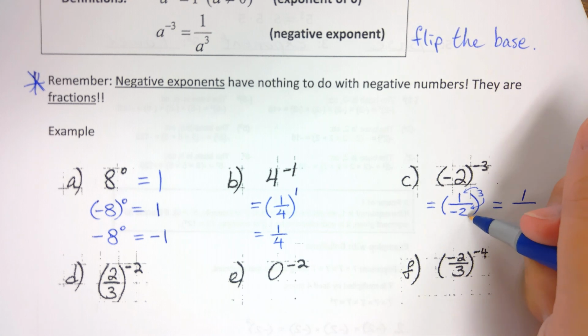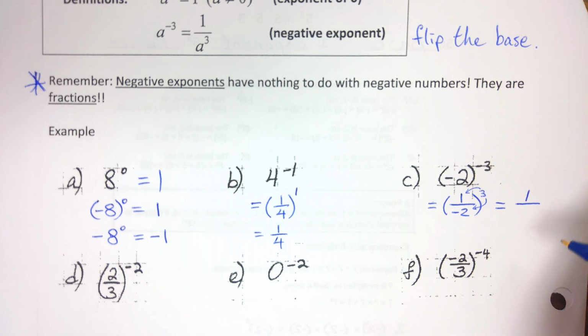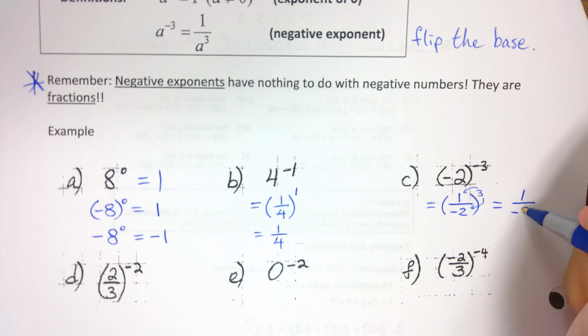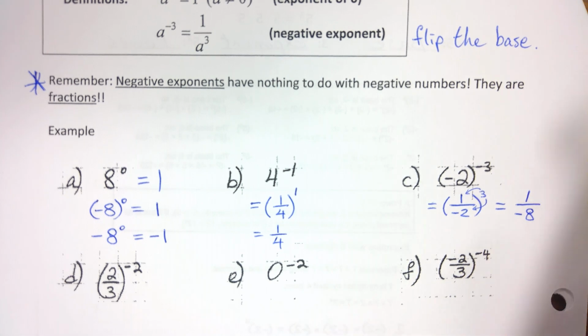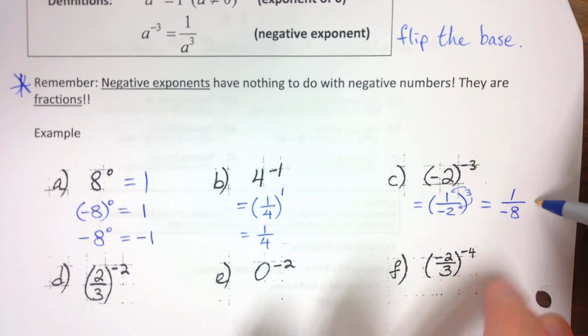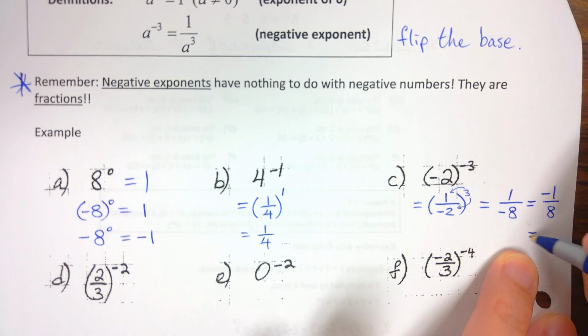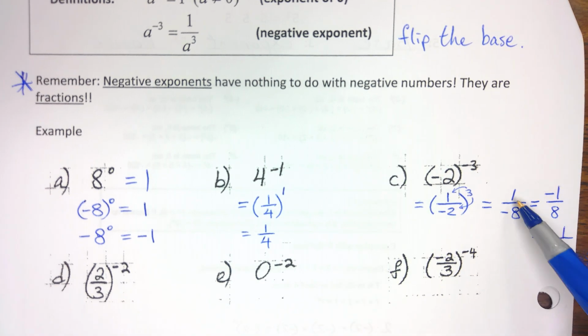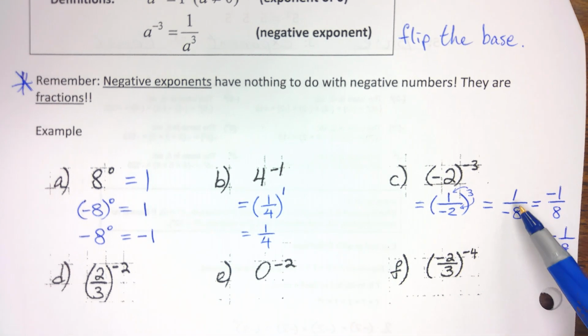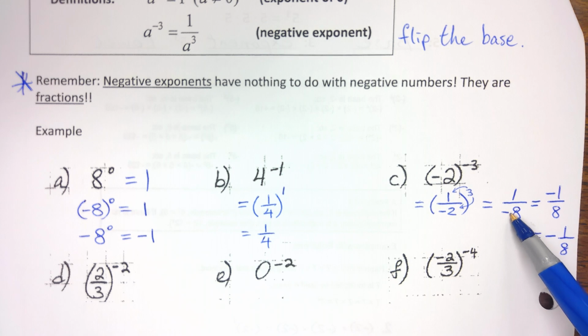Negative 2 times negative 2 times negative 2, negative 8. I could write it like this, or like this, or like this. All three mean the same thing. It doesn't matter if I put that negative sign on the bottom, on the top, or on the side.